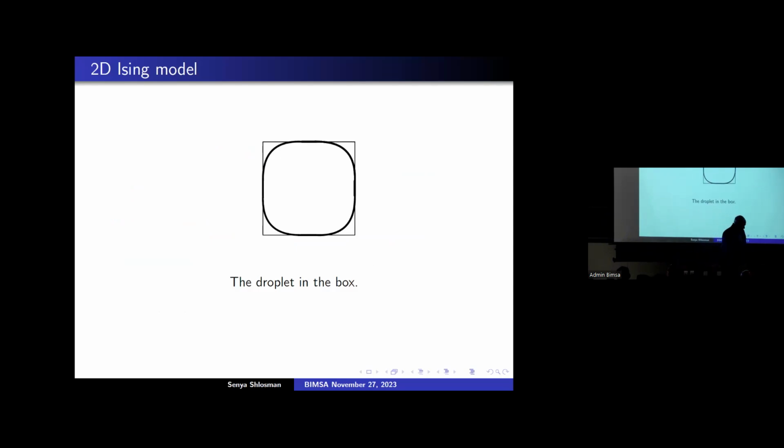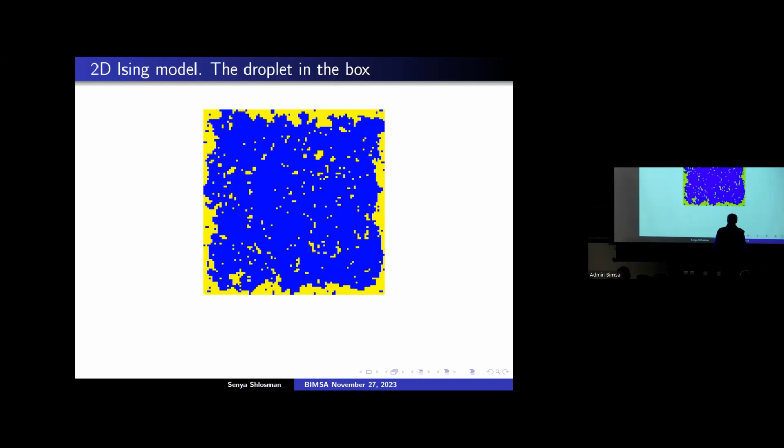Let me show this to you. That's a true simulation, and this is the picture that you will see in the 2-dimensional Ising model.